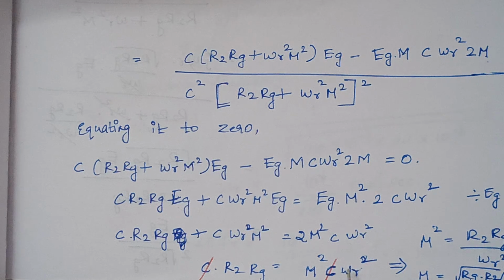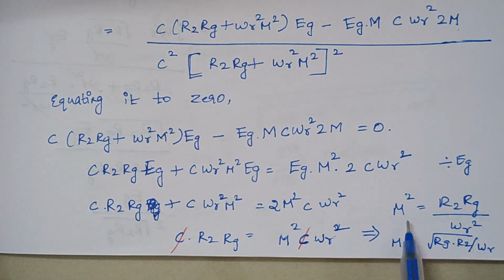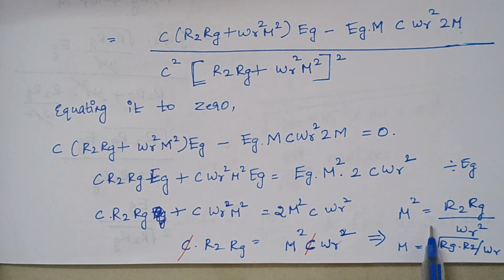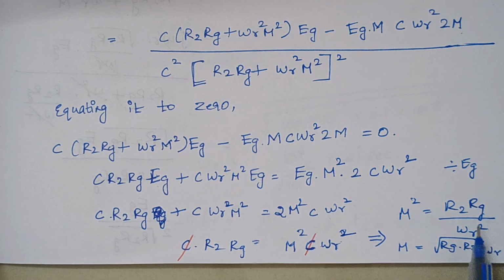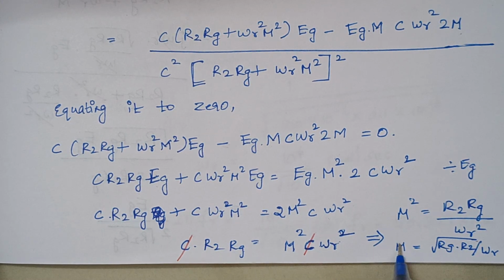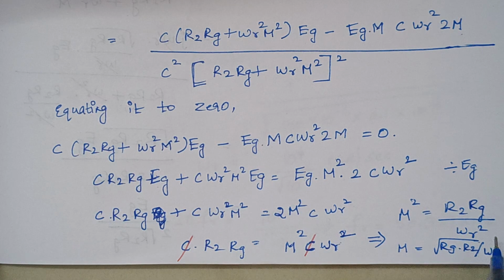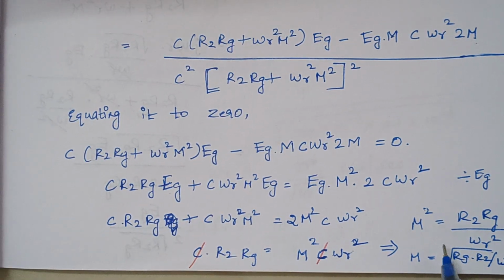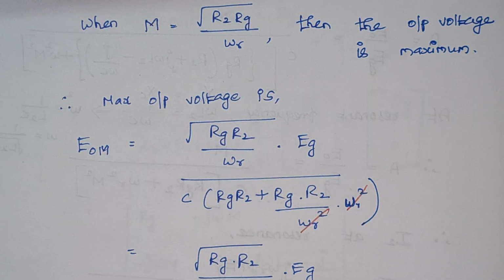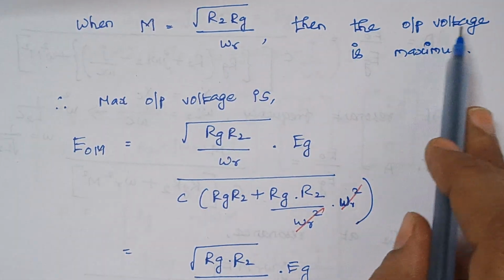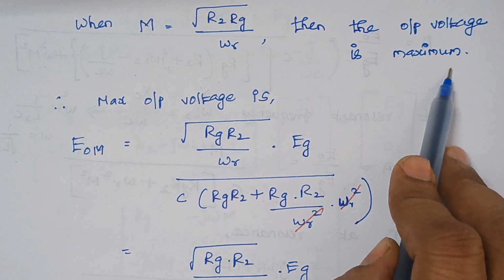So again, you see, the value of M square is easily calculated as R2 Rg by omega R square. Therefore, M is nothing but R2 into Rg by omega R, right? So when the value of mutual inductance is this, then the value of output voltage is maximum, right?